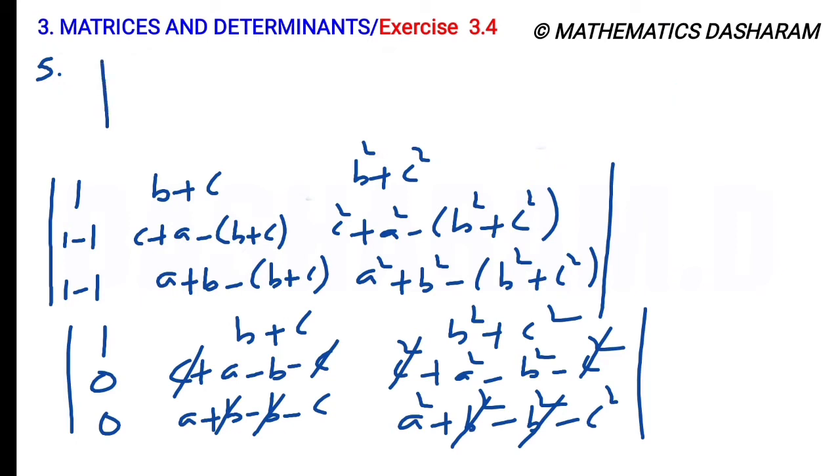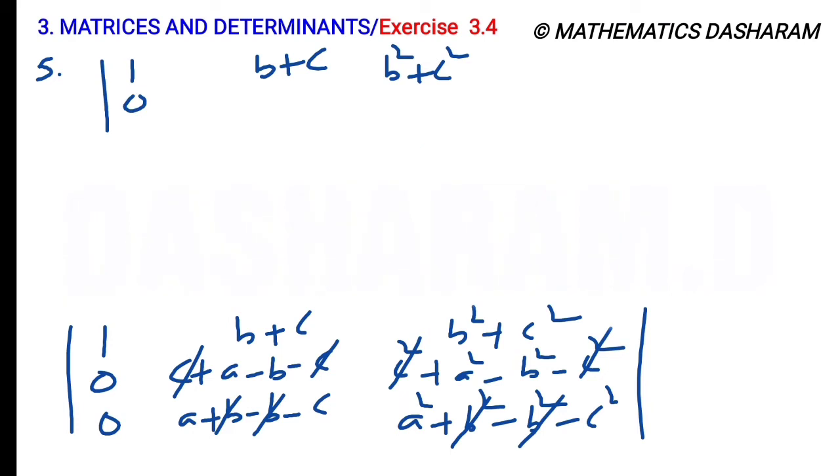So now the first row is 1, B plus C, B square plus C square, and here 0, next A minus B, next A square minus B square, next here 0, here A minus C, A square minus C square.